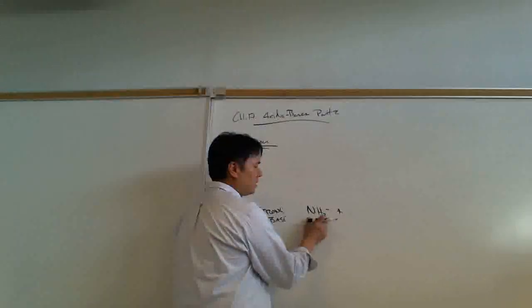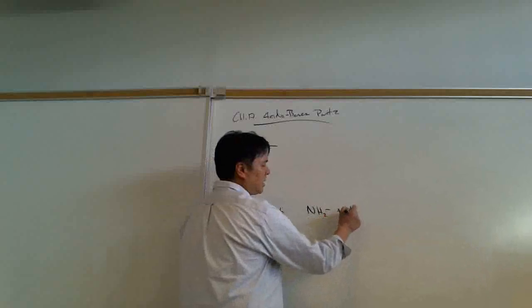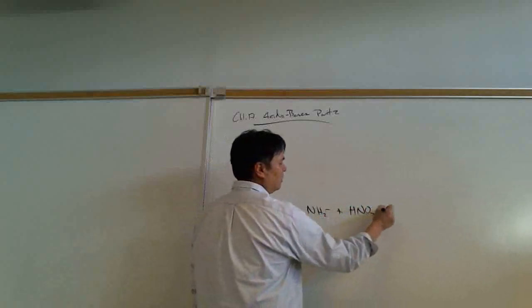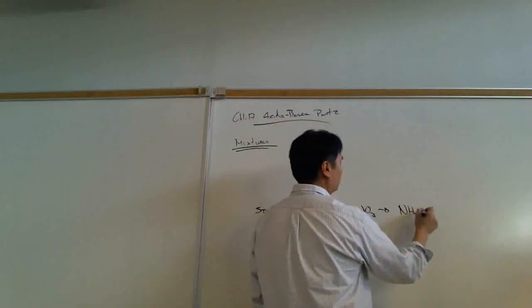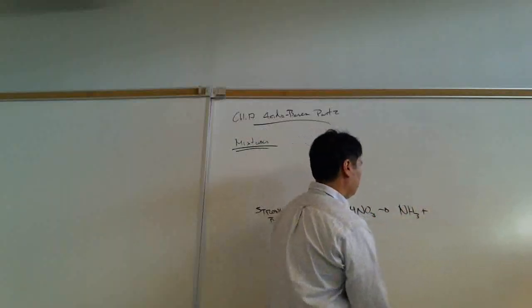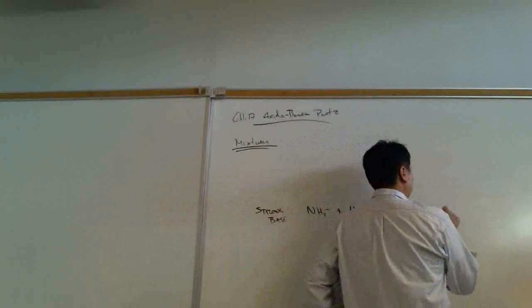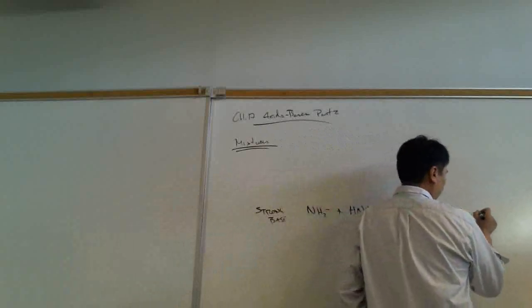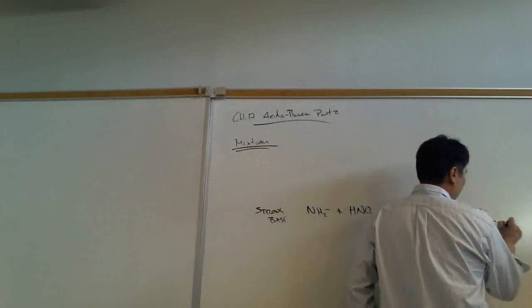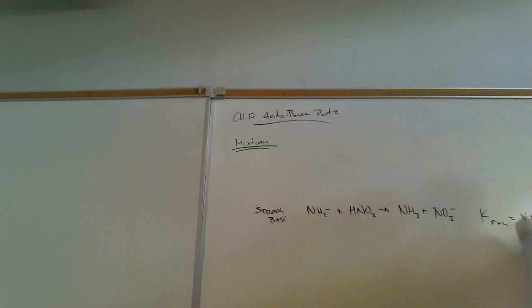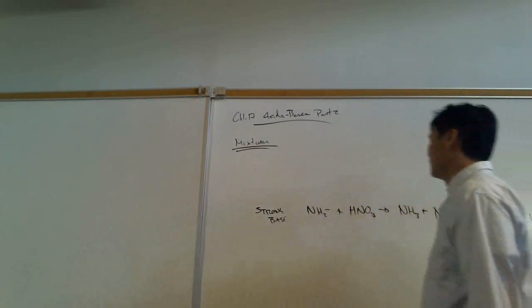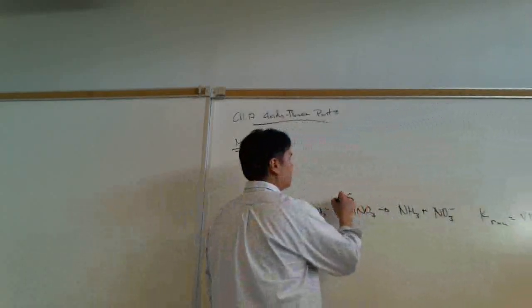But anyway, going back to this, amide plus a strong acid like nitric acid will give us what? Ammonia plus nitrate. What is K for this reaction? Strong plus strong acid?